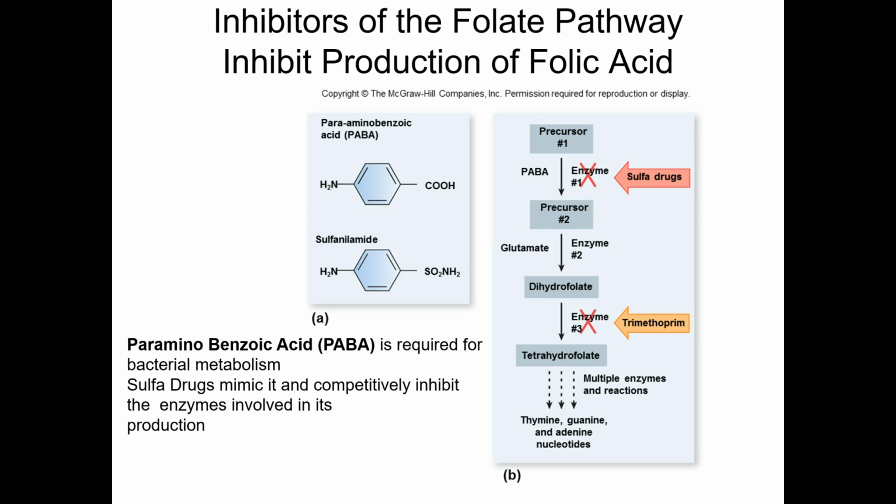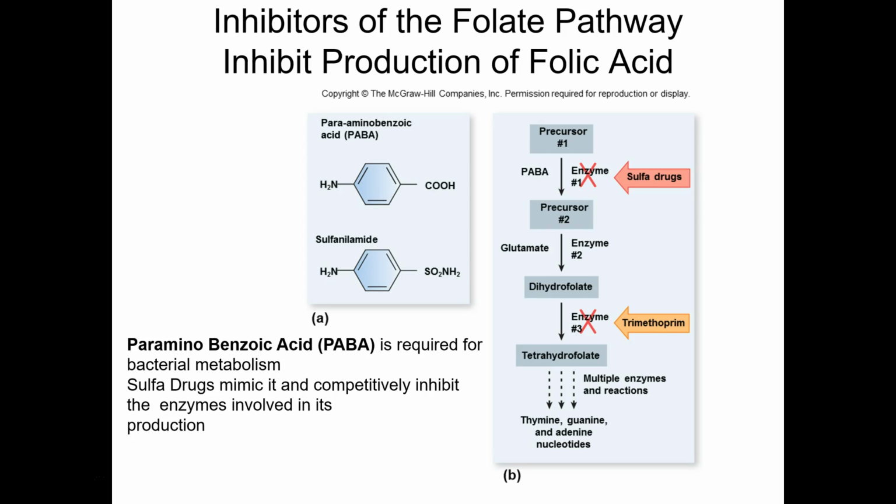But here's the problem. If you're using just the one antibiotic, there's still going to be some leaky expression. Not all the enzymes are necessarily shut down. There are tons and tons of copies of them. So it's making probably just enough folic acid to get by. So if you're taking sulfanilamide, you're also taking trimethoprim.